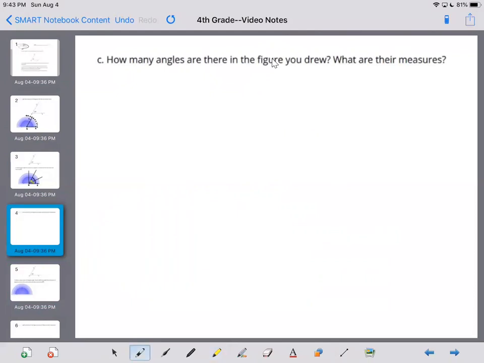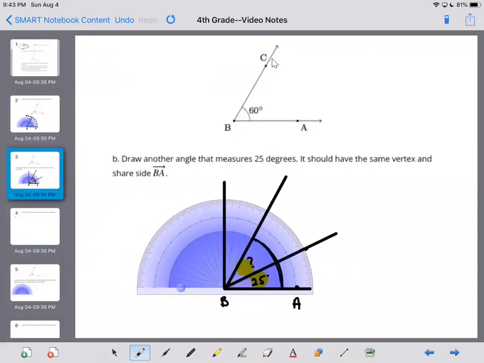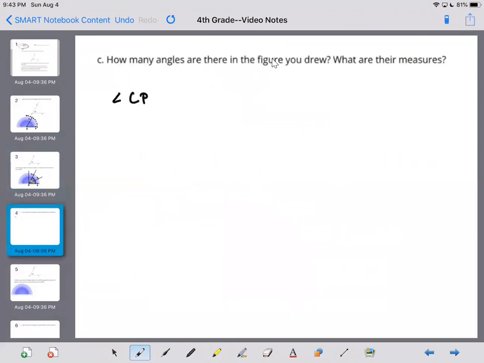What I know is I've got this, we'll call this C. So we've got C, B, A, and we'll call this one D. So I've got CBA, angle CBA, and I know that that's going to equal 60.